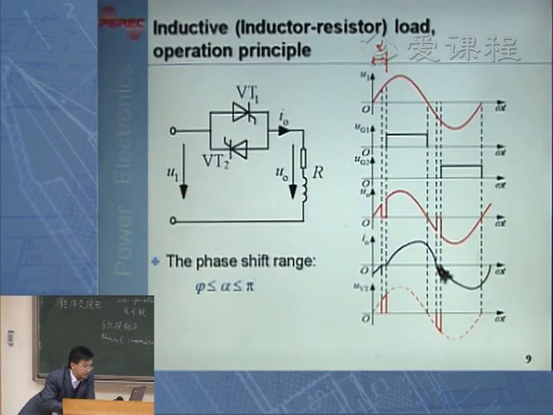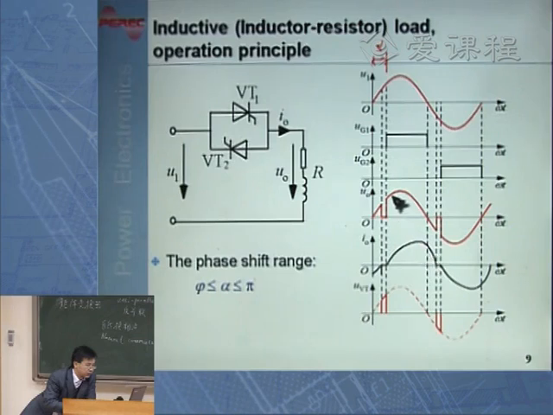At that instant, when the load current decreases to 0, VT1 will be turned off, and therefore the load voltage after this instant equals 0. Between this instant and the instant when the load current decreases to 0, VT1 is conducting.